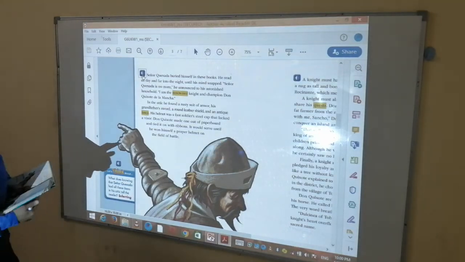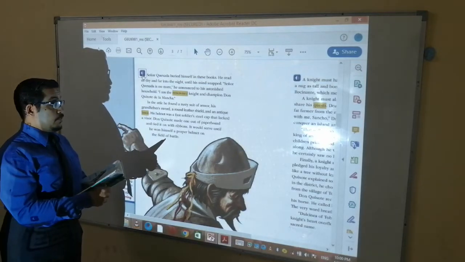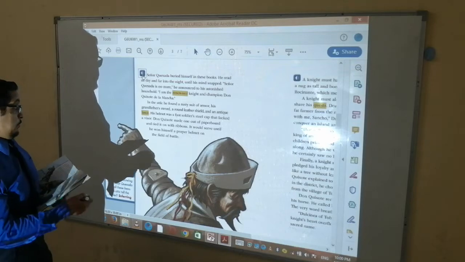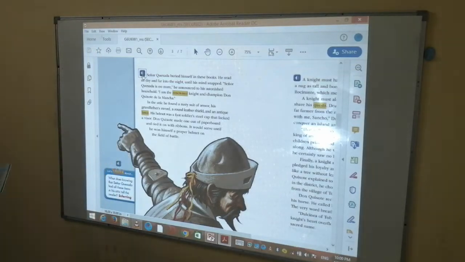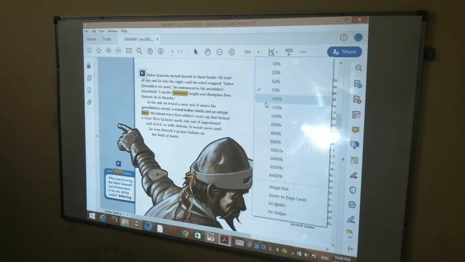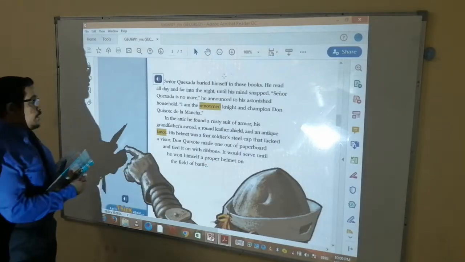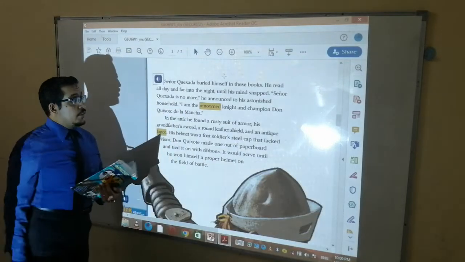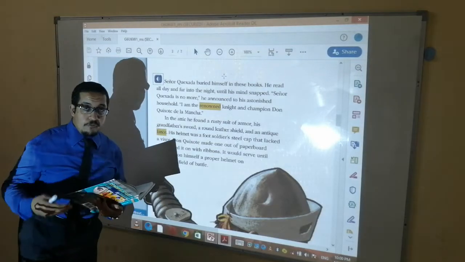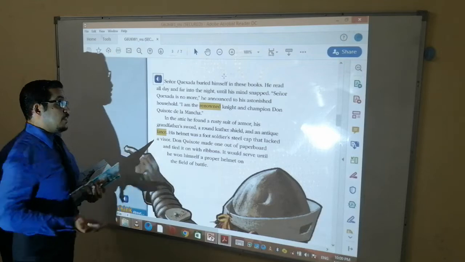In this part, as I said, Senor Quixote buried himself in these books. It means that he was fond of reading. Let's make this part bigger to be able to see it. He loved reading.